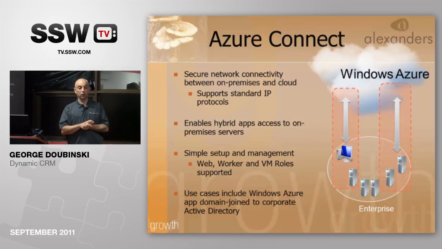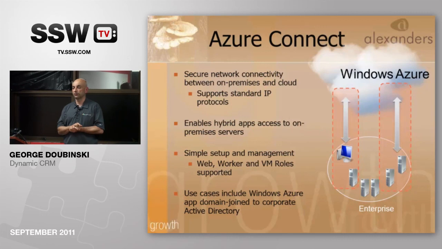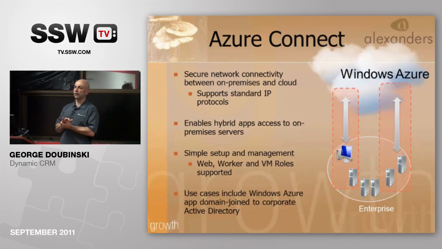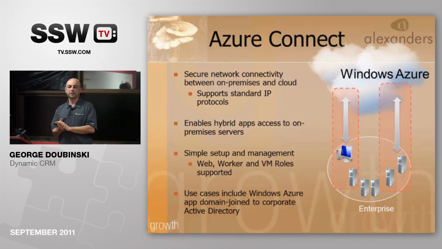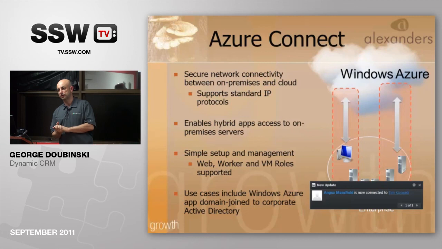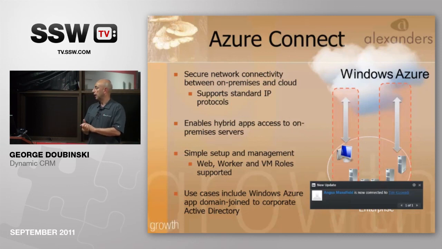Interestingly enough, one of my friends said that one of his customers has CRM on premises and they want to run a portal outside, but they don't want to configure claims authentication. Just don't want to. They don't want to run an ADFS. They don't want to go through the pain. It is tedious. It's not so much painful as it is tedious to configure.